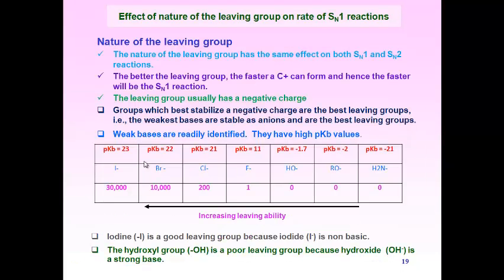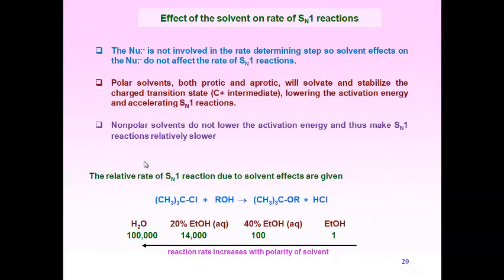Next, the effect of the leaving group on the rate of SN1 reactions. As we discussed in the SN2 reactions, iodine is a good leaving group because iodide is non-basic. The hydroxyl group is a poor leaving group because the hydroxyl ion is a strong base. Now we study the effect of solvent on the rate of SN1 reactions. Since the nucleophile is not involved in the rate determining step, solvent effects on the nucleophile do not affect the rate of SN1 reactions.